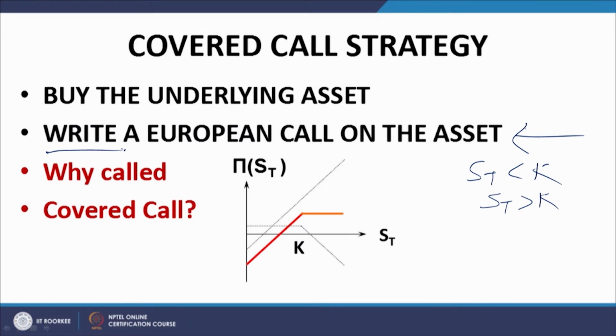But what happens if you also have a long position in the underlying asset? Then the advantage that accrues to you is that buying the asset in the market at a higher price to fulfill your delivery obligations against your short call position is not required. Why? Because you already have a long position in the underlying asset. You already have that asset in your possession.